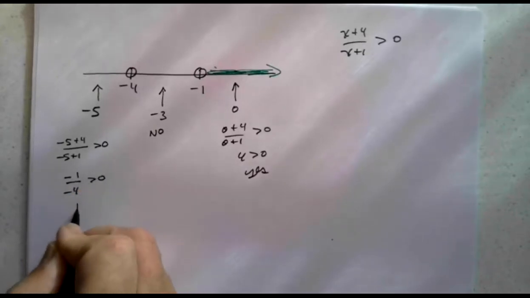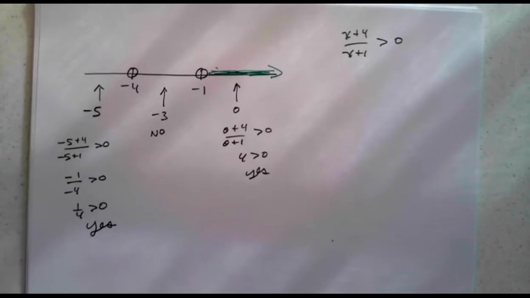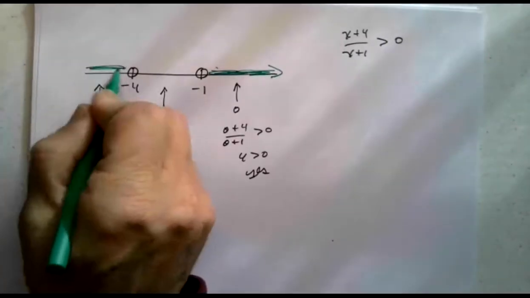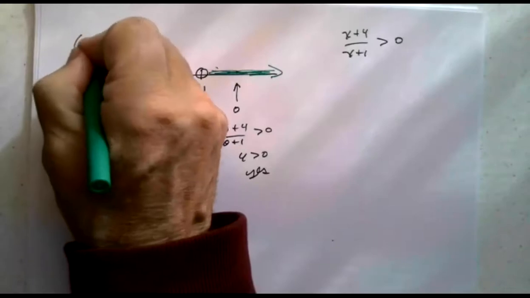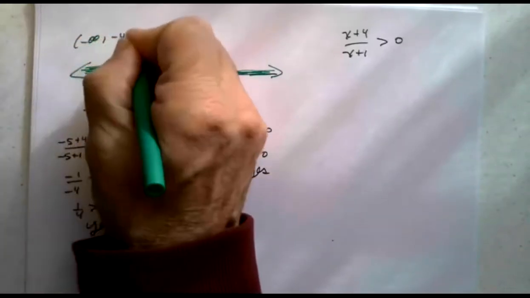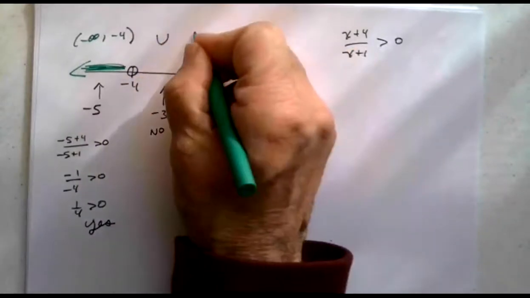Is 1/4 bigger than 0? I think so, that's yes. So it looks like our domain for this is going to go from -infinity to -4, union -1 to infinity.